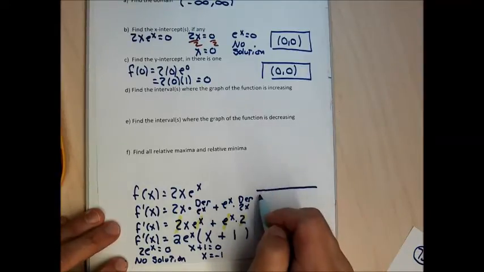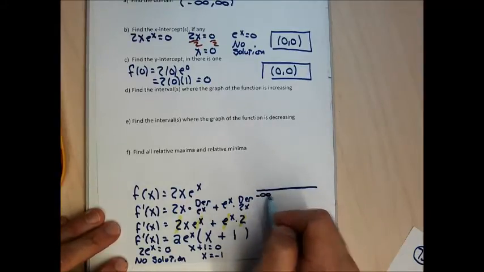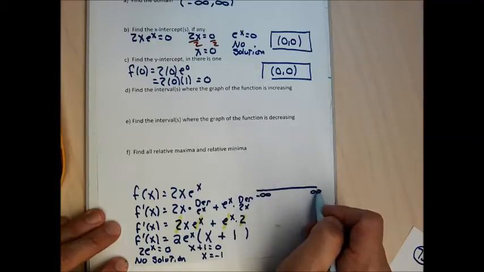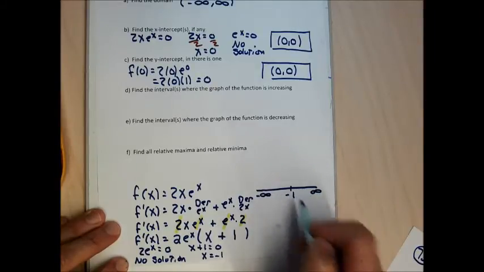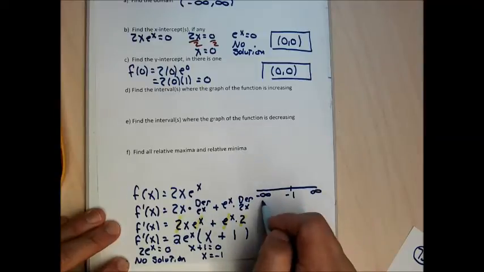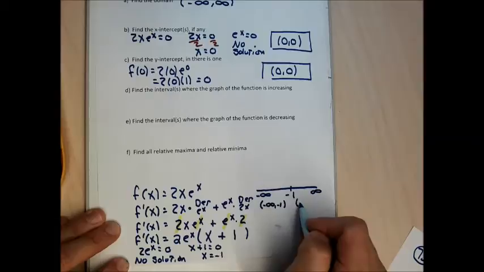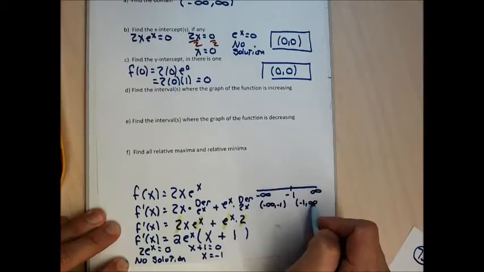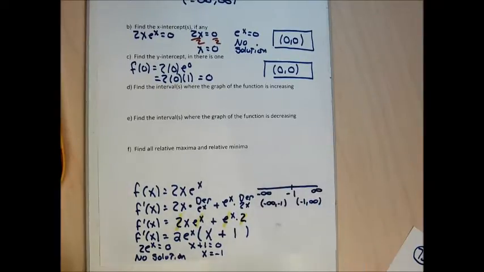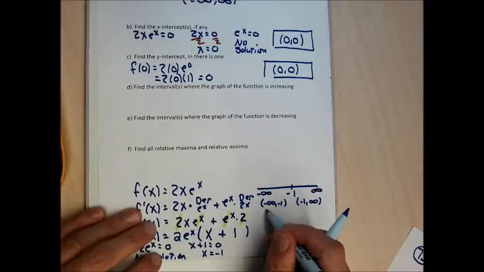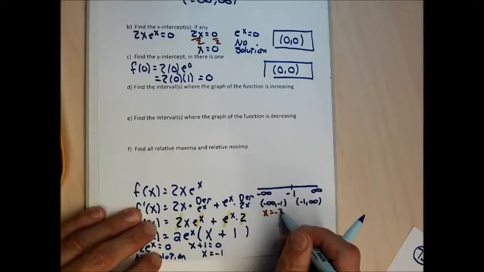And so to do the increasing and decreasing part, I'm going to create a number line that has the infinities at the edges, -1 between them. I'm going to create intervals from negative infinity to -1 and -1 to infinity. In each interval, I'm going to pick a number to test into the first derivative. In the first interval, I'm going to pick x equal -2.